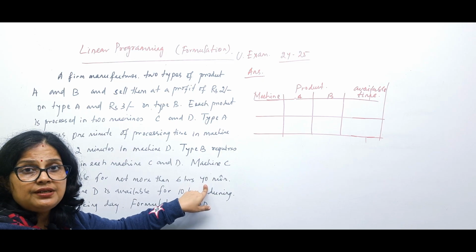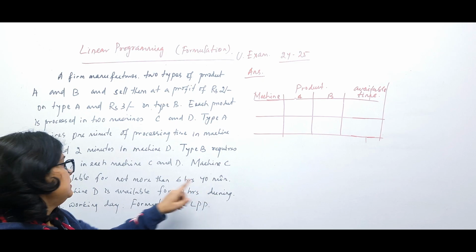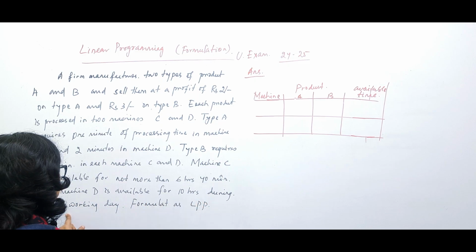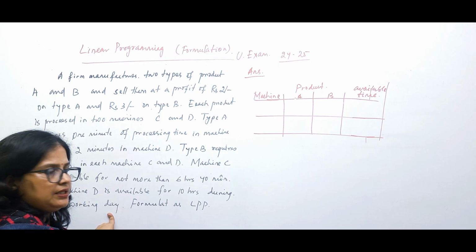This is the constraint, this is the limitation. And machine D is available for 10 hours during the working day.